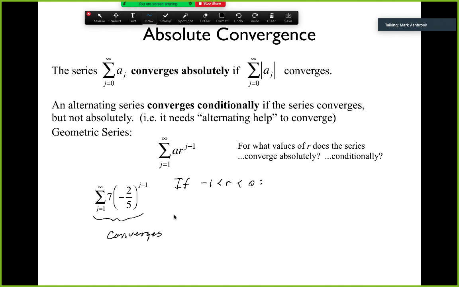Yes, because r is between 1 and negative 1. Does it converge absolutely? So what happens if we put absolute value bars around this series? It wouldn't change anything. What's it going to do? It's going to make r equal to positive 2/5. Does that converge?